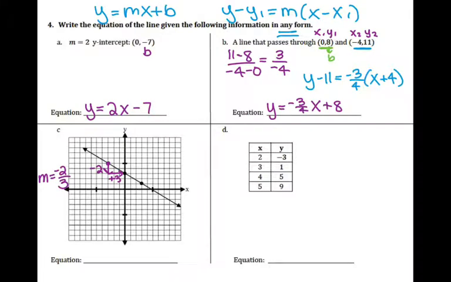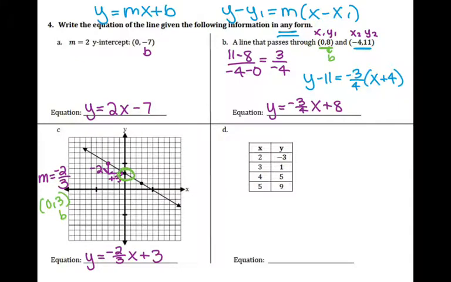Now if I look at my graph, I can see that it crosses my y-axis at (0, 3). So I can go ahead and use slope-intercept since I do have my y-intercept, and that 3 represents the b. So I have y equals m, which is negative 2/3, x plus b.